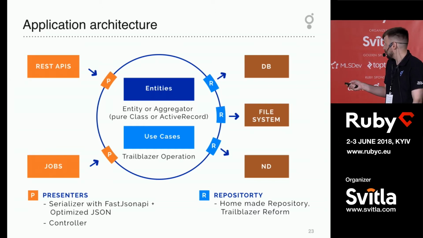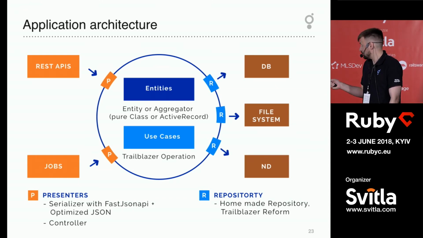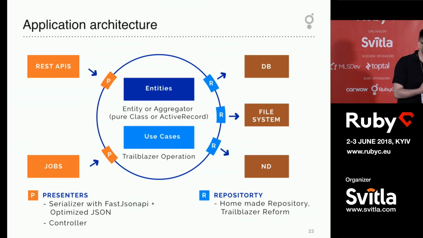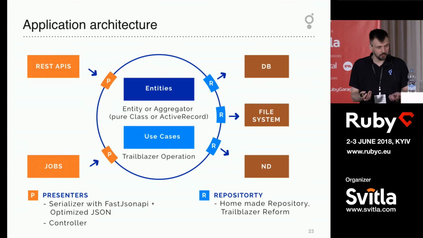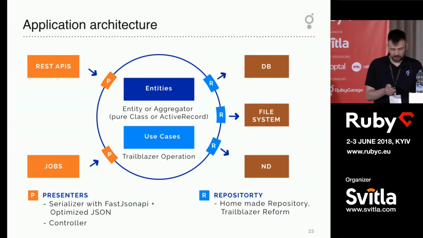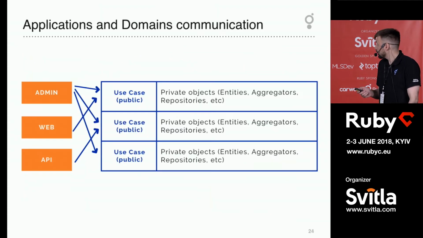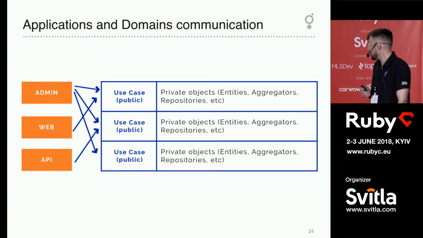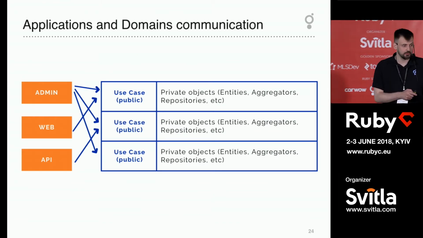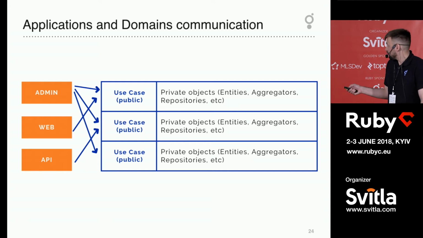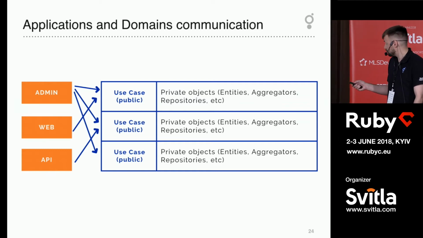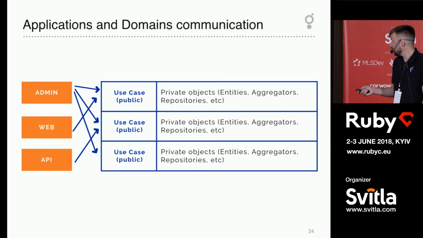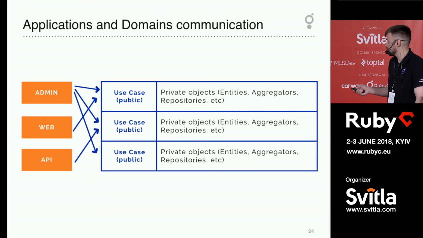Use cases also work with different types of storages, and entities very often map onto the storages. This is how an ORM works, like ROM or Active Record. And how do applications and domains communicate with each other? We have the applications level, and it can use public use cases to access business logic.